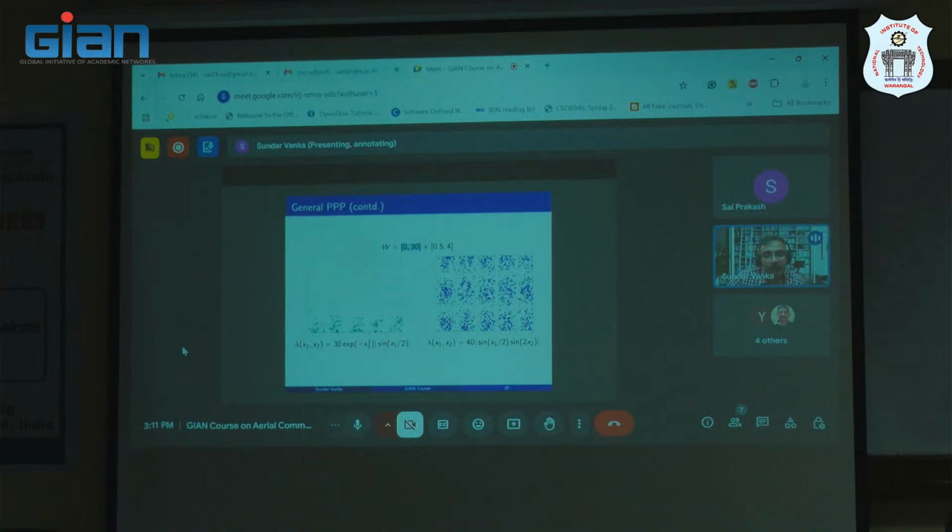The intensity along the y-axis is decreasing, which means there are not many points coming up in the vertical direction as you go on. Whereas along the horizontal direction, it is sinusoidal, which means the intensity comes down, goes up, comes down, goes up.